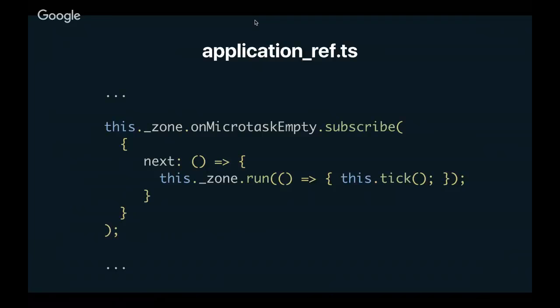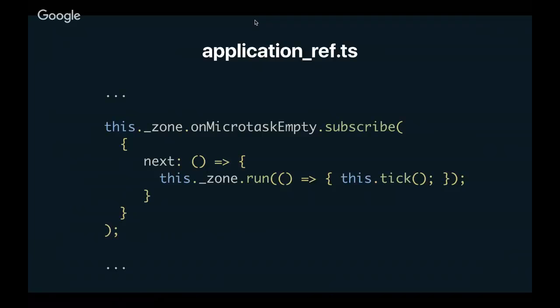This is some terminology from the JavaScript event loop. If you're not familiar with it, you can just suppose that onMicroTaskEmpty is going to be invoked after all the different asynchronous events in our browser happening there.